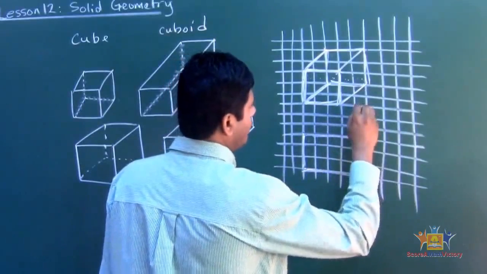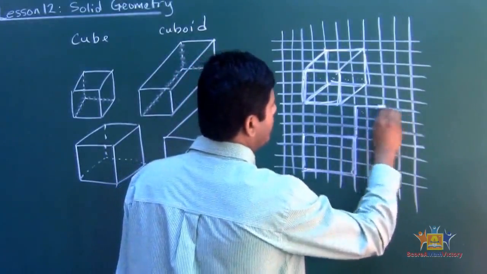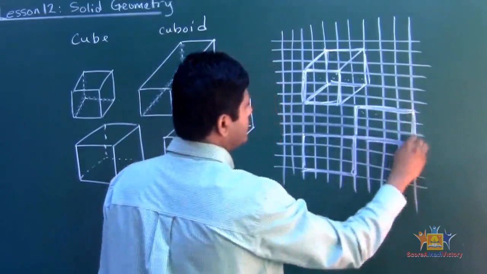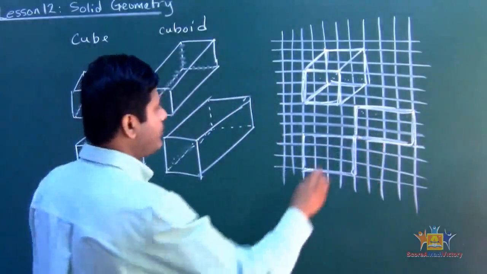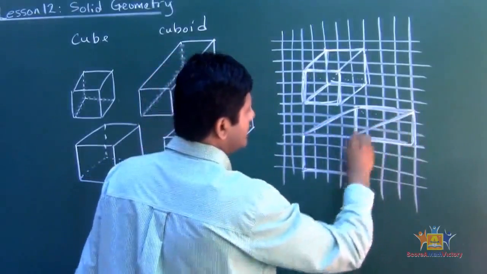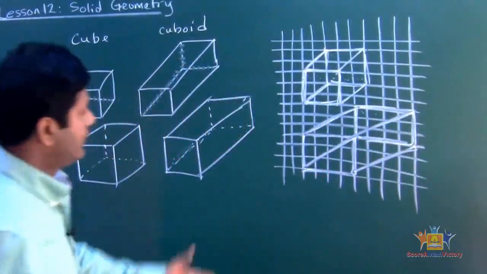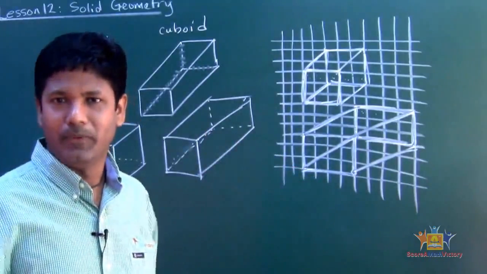I'm going to put 1, 2, 3 right there, and 1, 2, 3, 4 right there, and then darken that. Once I draw two rectangles, now I'm going to join the edges. Look at that. Once I join the edges, it turns out to be a cuboid. See that? Pretty easy, isn't it?